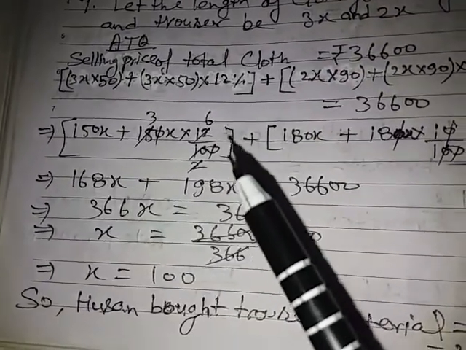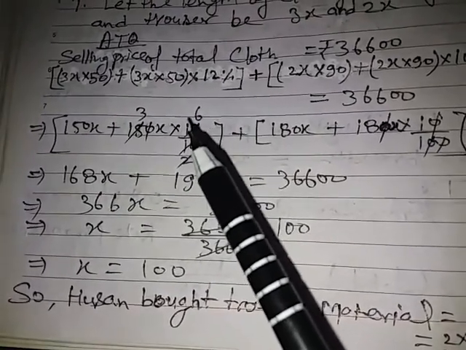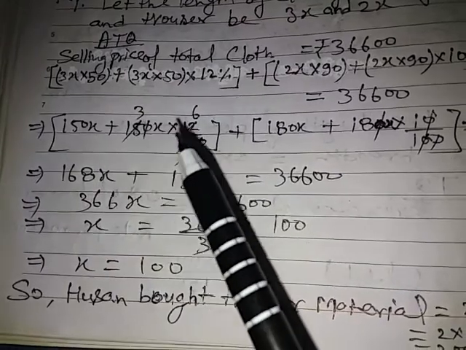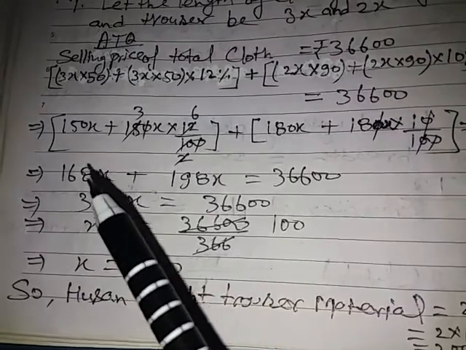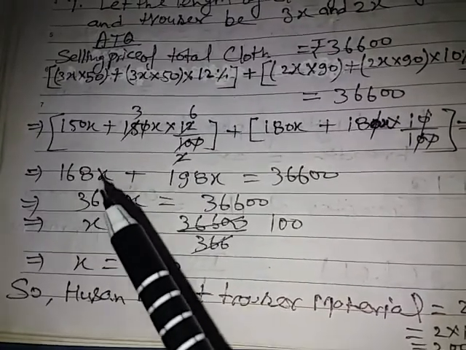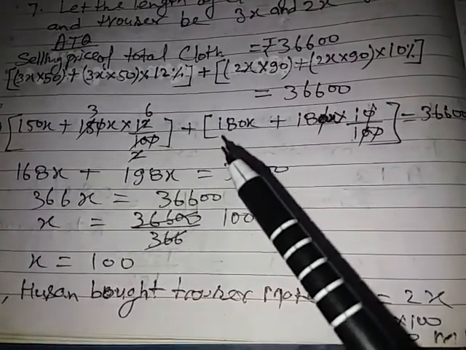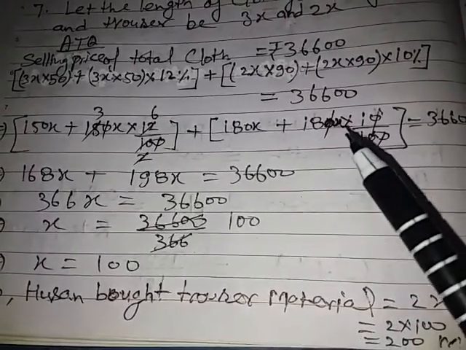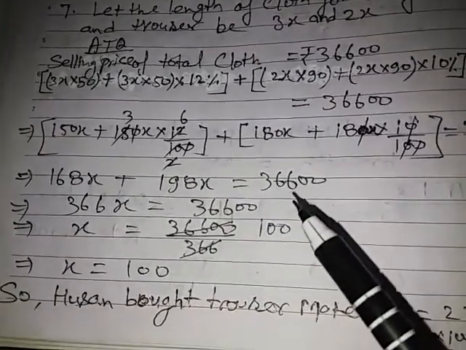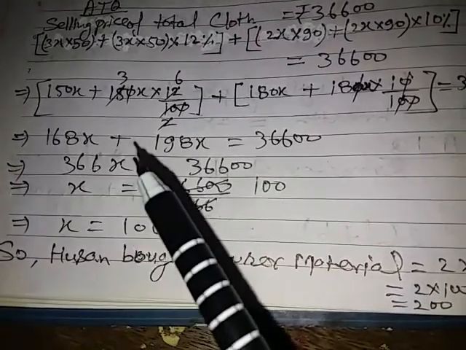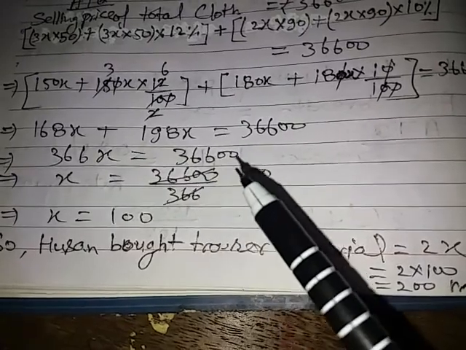Now zeros cancel: 5 threes are 15, 5 twos are 10, 2 sixes are 12. So 150x plus 6 threes are 18x. 150 plus 18 is 168x, plus 180x plus 18x is 198x, equal to 36,600. 168x plus 198x is 366x, equal to 36,600.